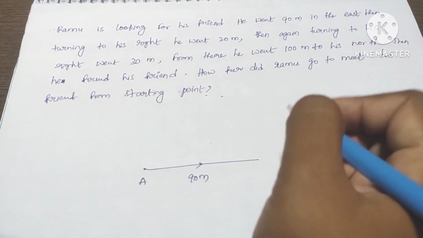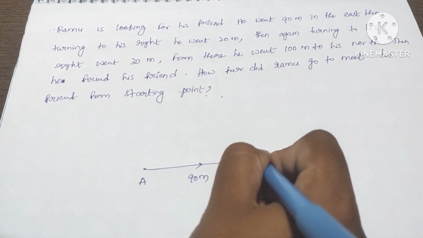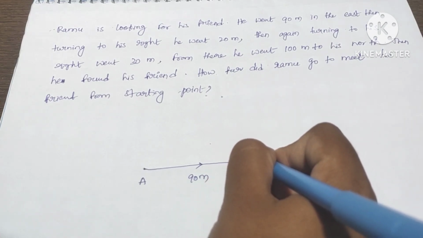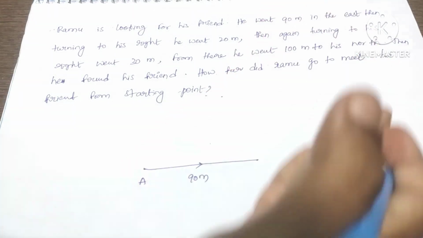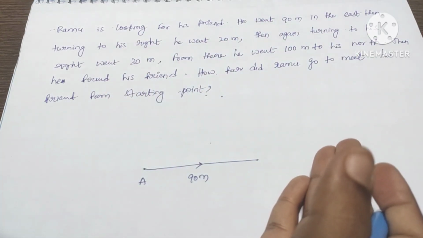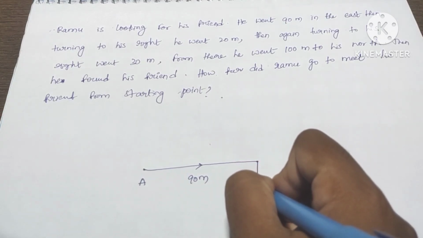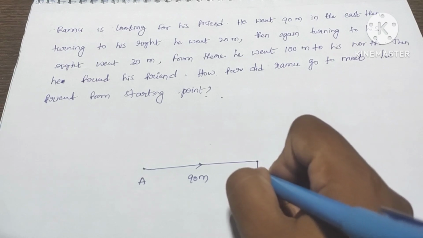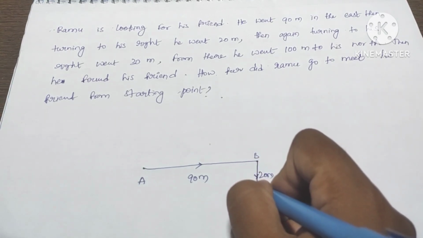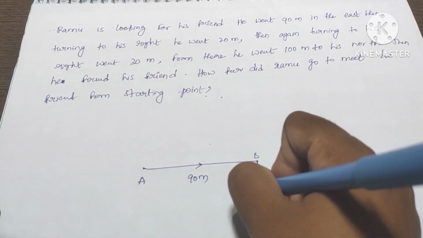Then turning to his right, he went 20 meters. Right means downwards, left means upwards. In the question they have provided that he is turning right now. Take this as B, and this as C, 20 meters.